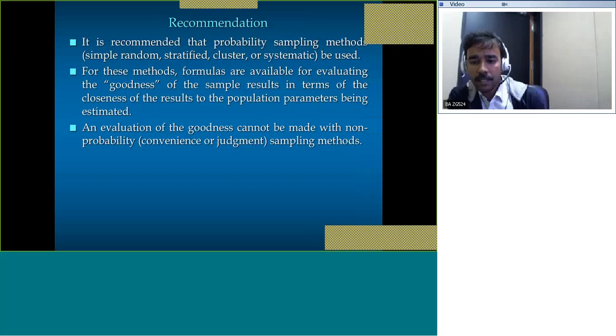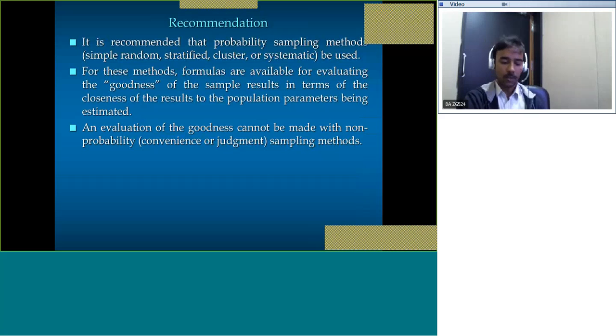For these methods, formulas are available for evaluating the goodness of the sample, whether the sample is ideal or not, if it represents the population or not. An evaluation of the goodness cannot be made with non-probability sampling methods. So what we generally recommend is to use probabilistic techniques to sample instead of non-probabilistic.